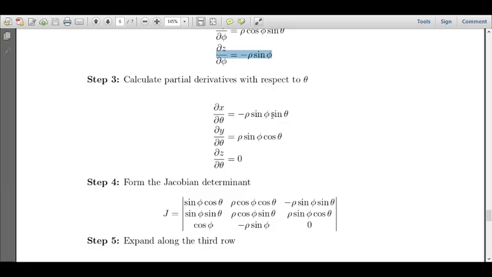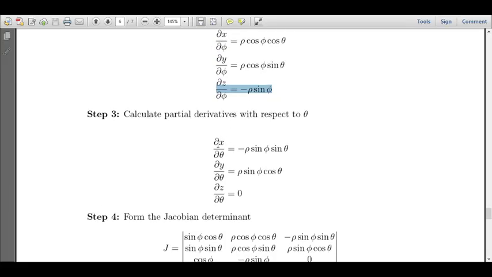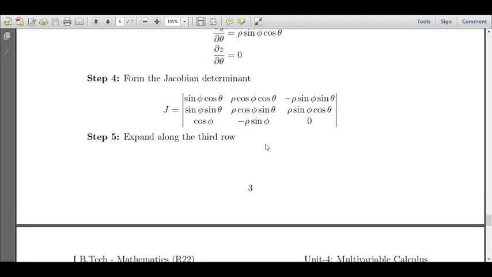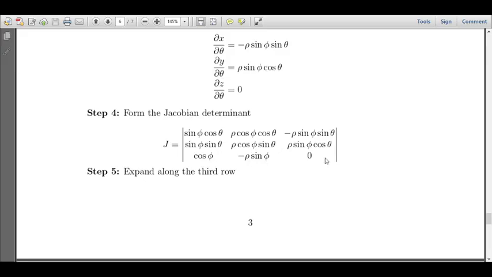So after calculating, these are the partial derivatives of x, y, z with respect to theta. So we get this. Expand this by the third row, because the third row contains 0.